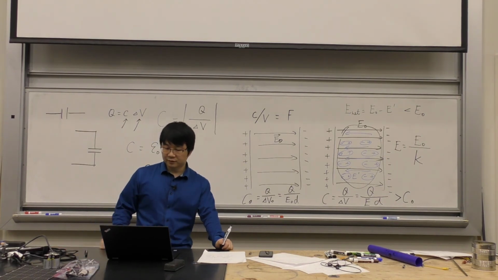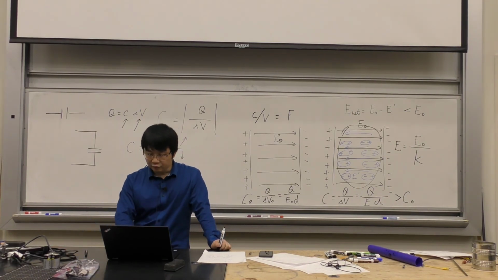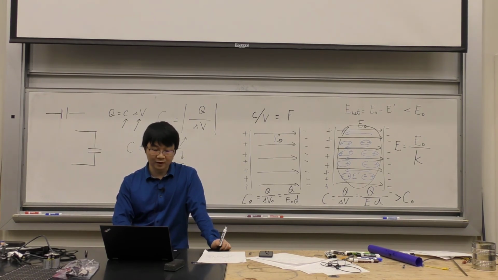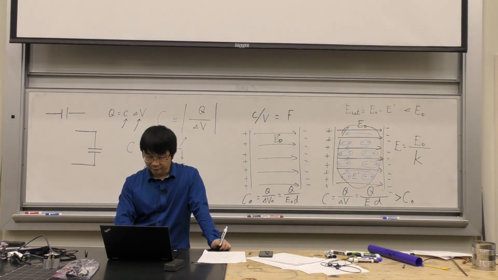Right, so you see that air, the maximum electric field air can take before it ionizes and becomes conducting, is 3 million volts per meter. Okay, so that's very high. That's why normally air is a good insulator, right?